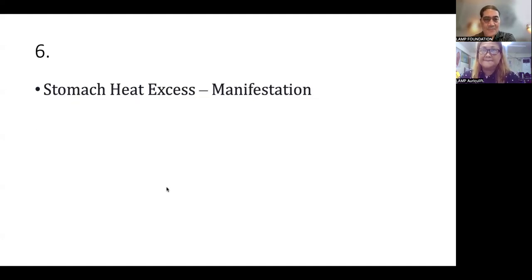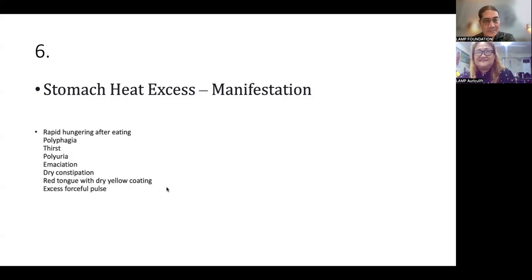Okay, very good. Now let's go to stomach heat excess, yung palaging gutom. Can you mention other symptoms here? The excess thirst, increased appetite, dry mouth, frequent urination, irritability or agitation, bad breath and mouth sores, constipation, gastric discomfort.